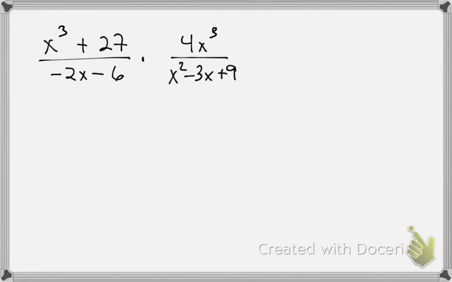So I'm multiplying these two rationals together, right? So what do we do?